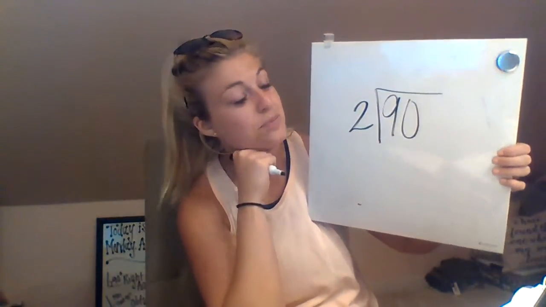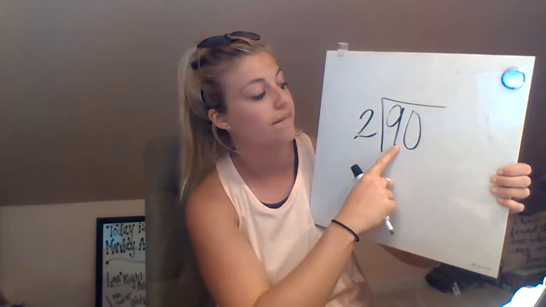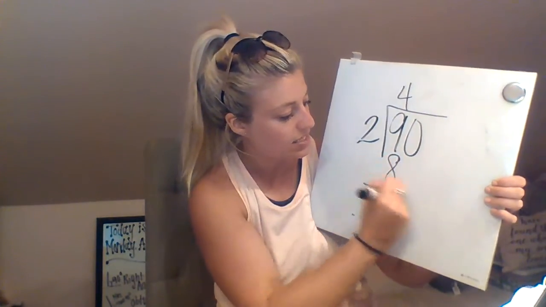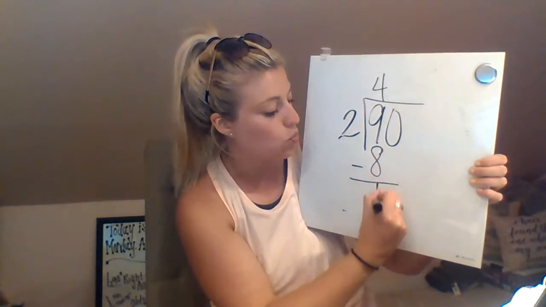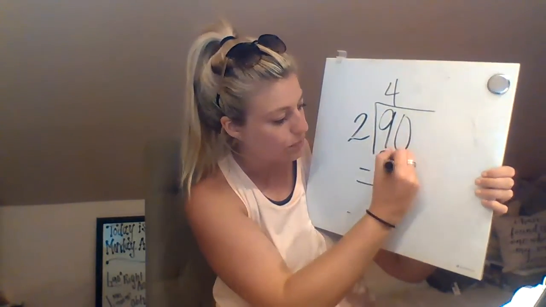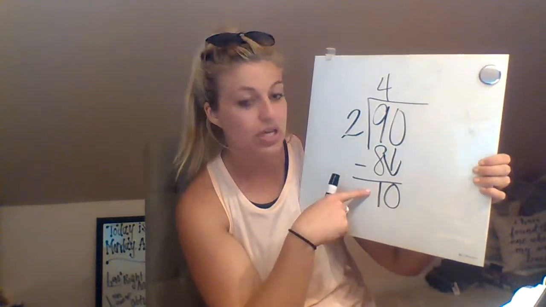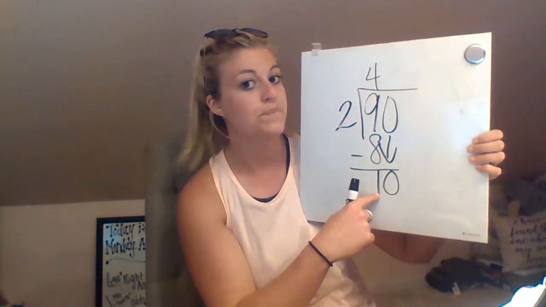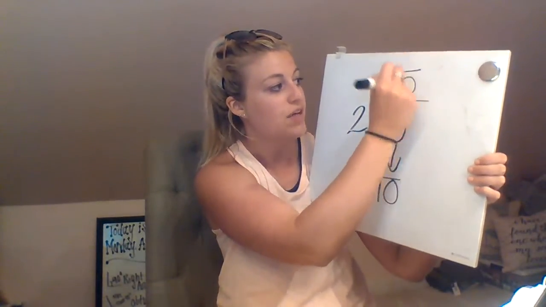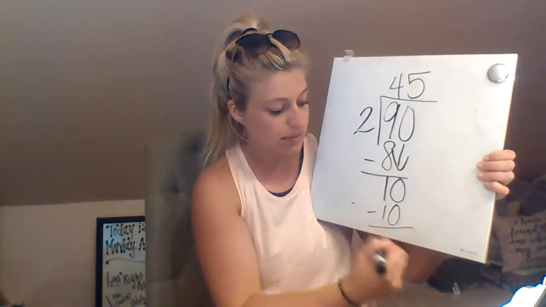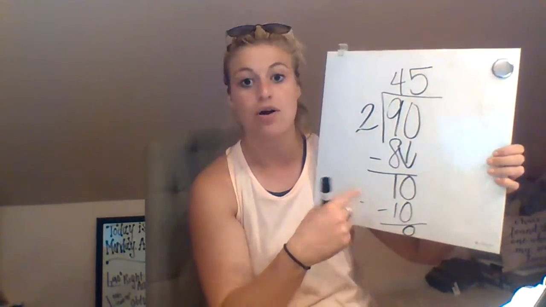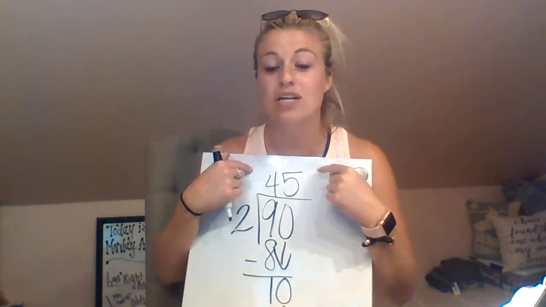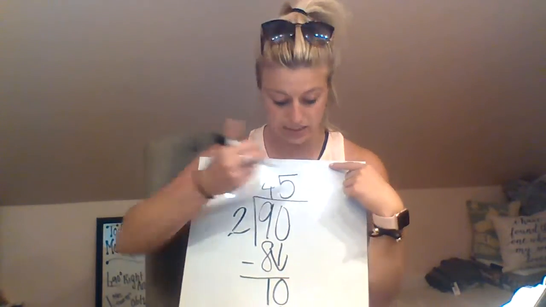Told you I make mistakes too. 2 can go into 9 4 times. 4 times 2 is 8. 9 minus 8 is 1. Brother says to bring down my 0. 2 can go into 10 how many times? 2 times what is 10? You should have gotten 5. 5 times 2 is 10. Subtract and I get 0. So Rover says, you're all done. I don't have a remainder. So the answer to that one is D, 45 degrees.